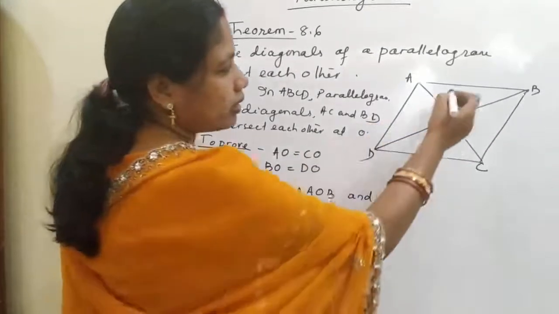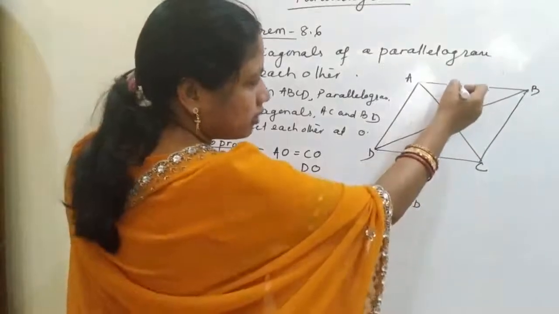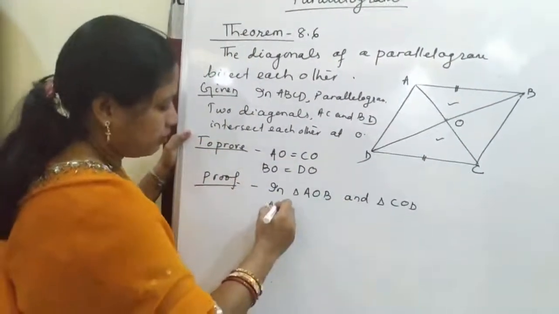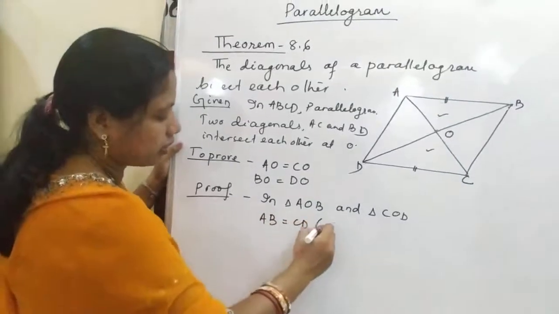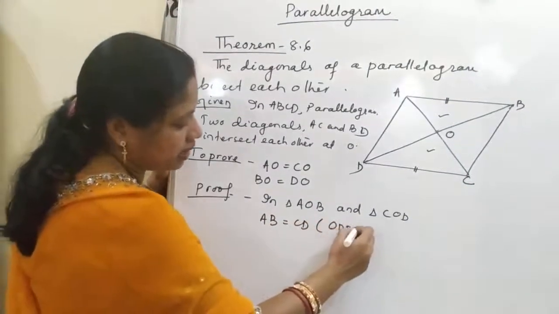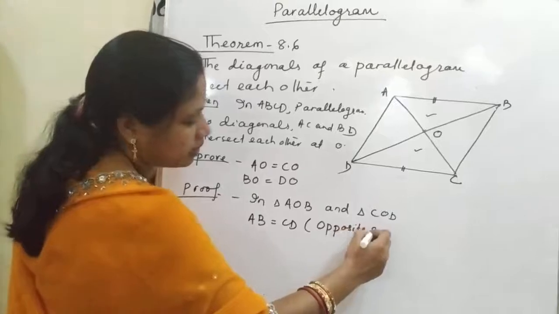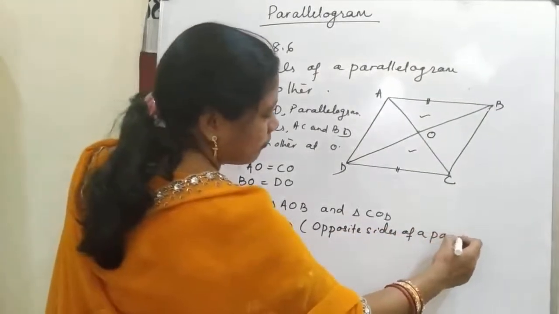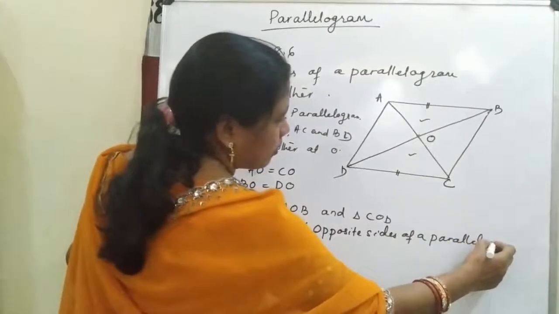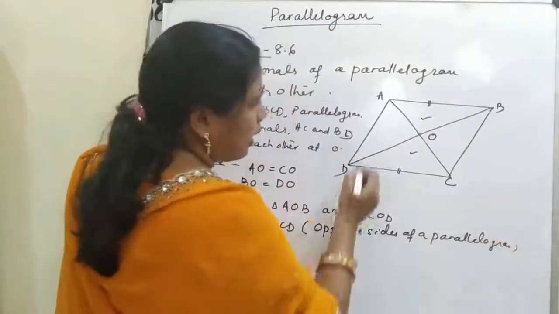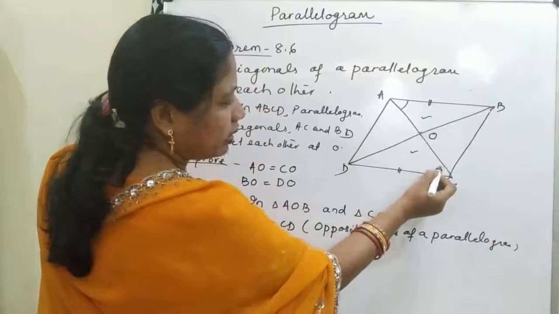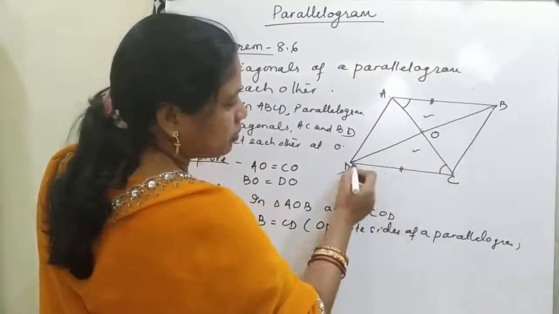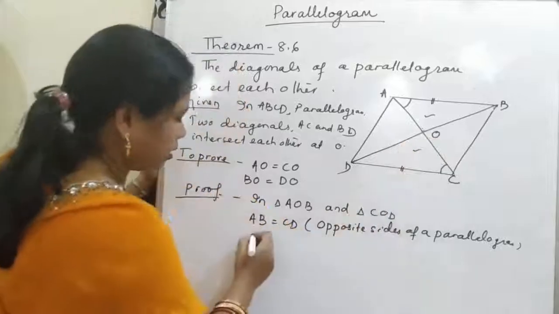AB is equal to CD, as opposite sides of a parallelogram are equal.